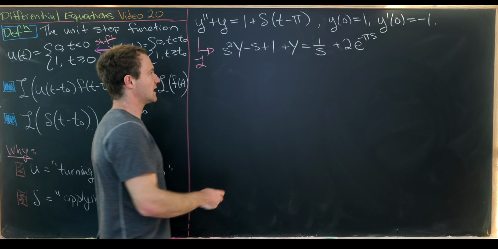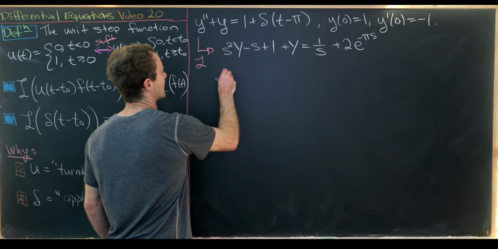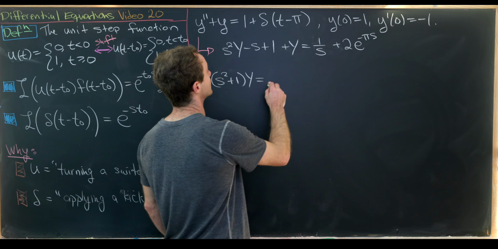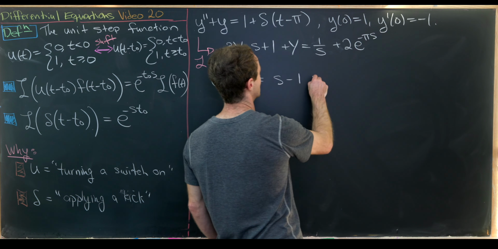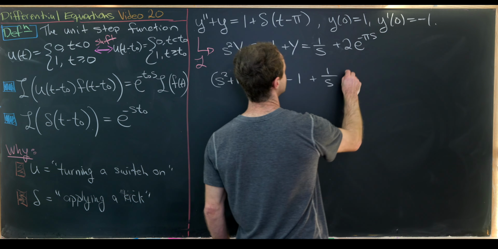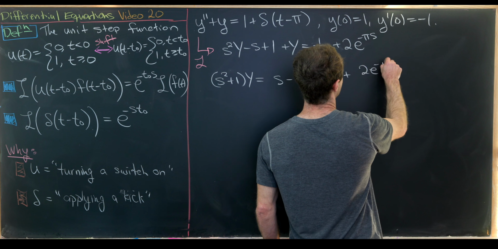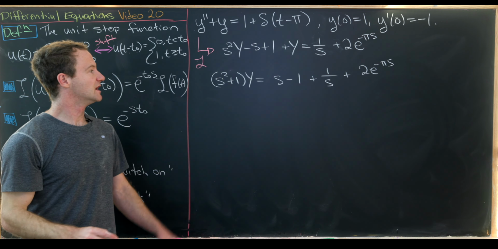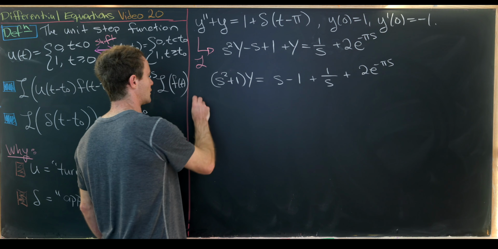Okay, so now let's see where we can go from here. We have s squared plus 1 times Y can be written as s minus 1 plus 1 over s plus 2 e to the minus pi s. Good. Now from here, we'll divide by s squared plus 1.